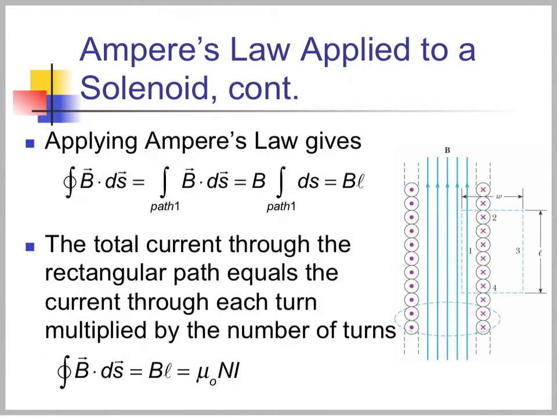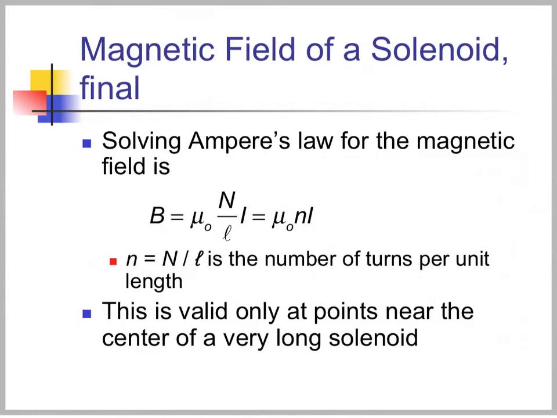So, applying that to Ampere's law, the integral of B dot ds becomes BL. The total current through the rectangular path equals the current through each turn multiplied by the number of turns. Then we divide by L and we get B equals μ0 N over L times I, or μ0 n I, where little n is the turns per unit length of the solenoid.